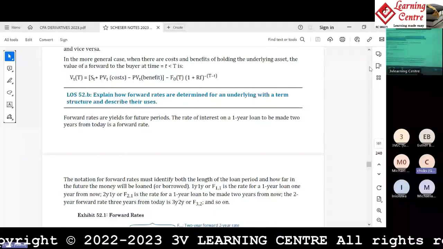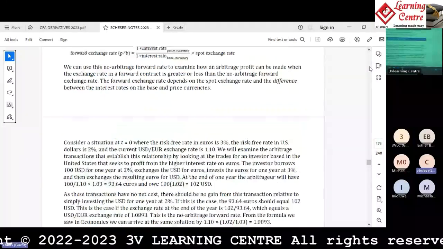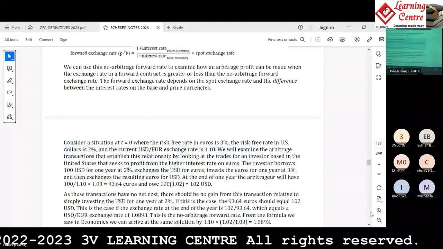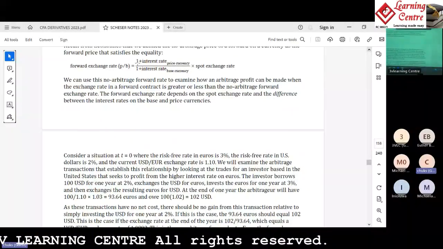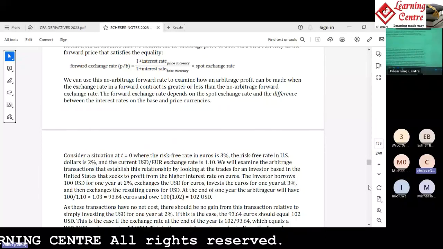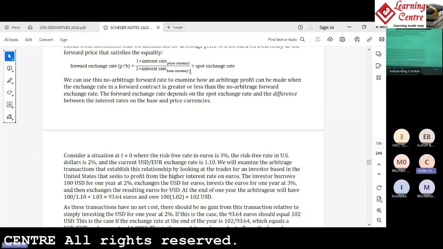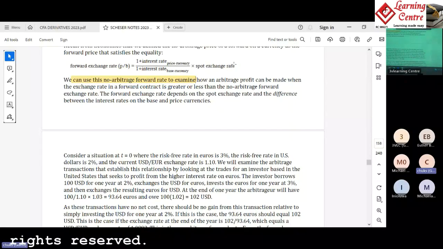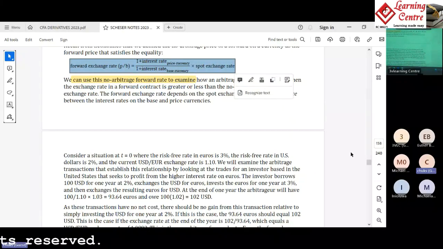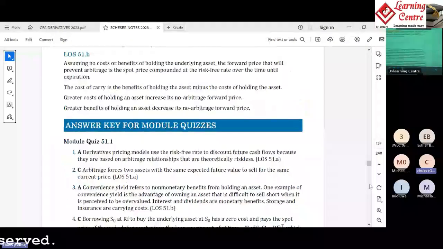I think it was up here. Yes. Basically, this interest rate formula is what we are trying to use. But in this case, it is interest rates we have, not exchange rates. So that's the difference. In the earlier case, we had exchange rates, but in this case, we have interest rates.